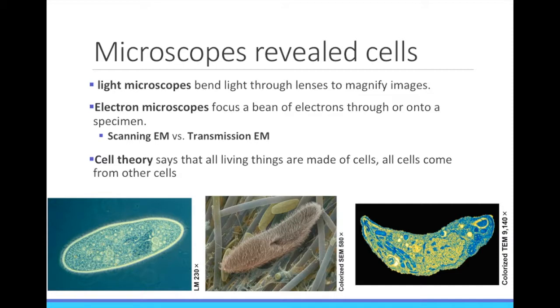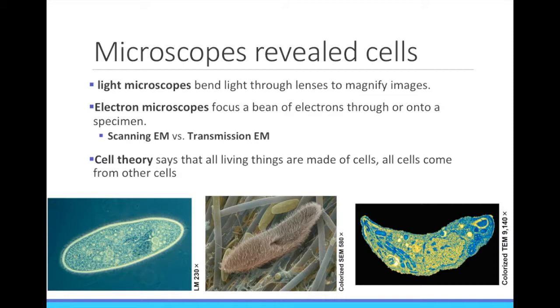A transmission electron microscope uses the transmission of electrons through a specimen. This means that they shoot a beam of electrons at an object, but instead of bouncing off, they go through, creating an image of the inside. The picture on the far right is a transmission electron micrograph of a paramecium. It has a lot more detail of the inside of the paramecium, and the resolution is a lot better than the light microscope image.